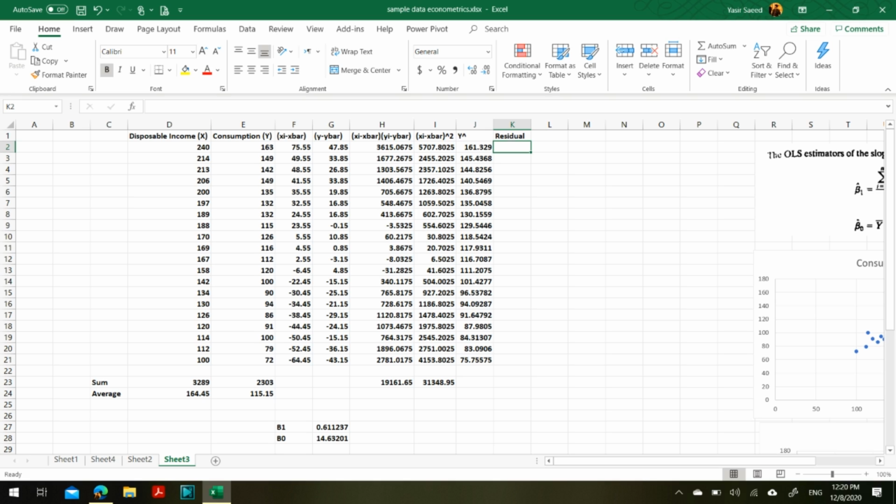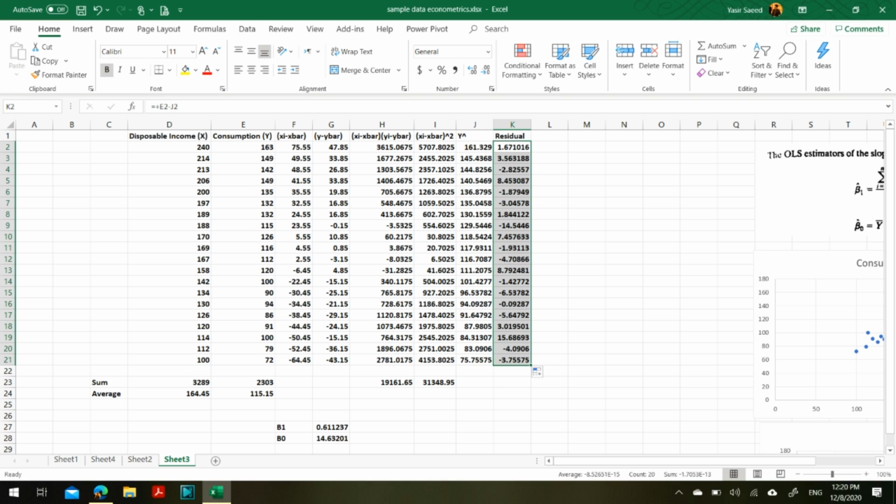So basically a residual is the difference between the actual value of y minus the estimated value of y, and the difference between the two is 1.67, and again I copy this for the entire sheet and I get the residuals for all the corresponding values of x. Let us also find a summation for this.